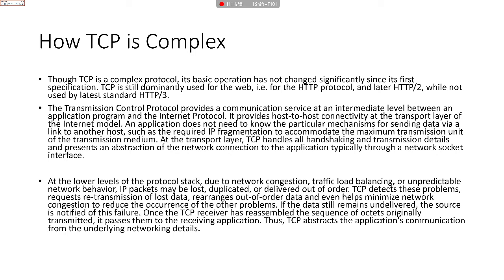If the data still remains undelivered, the source is notified of the failure. Once the TCP receiver has reassembled the sequence of octets originally transmitted, it passes them to the receiving application. Thus, TCP abstracts the application's communication from the underlying network details.